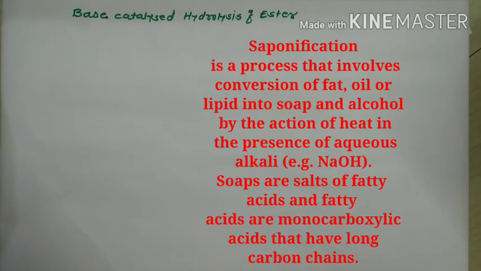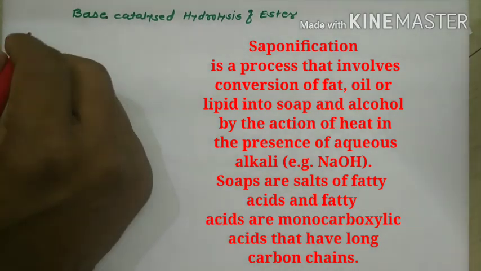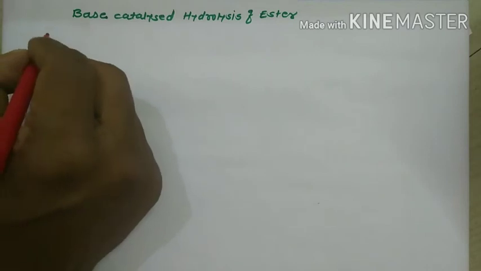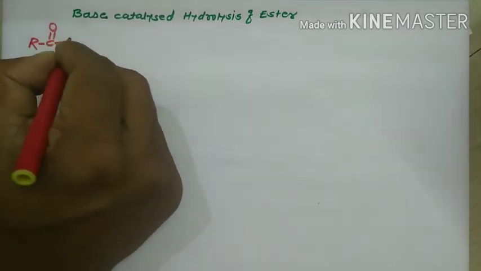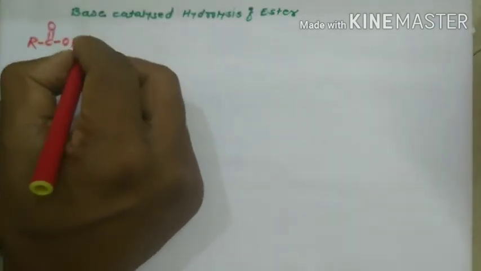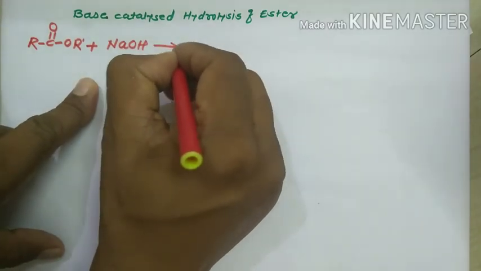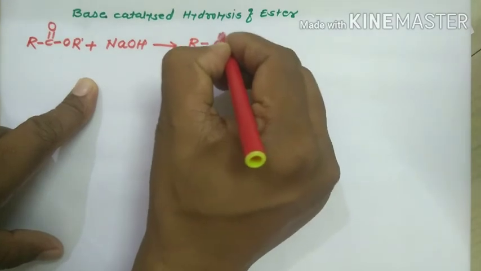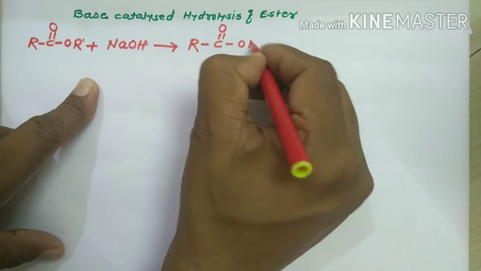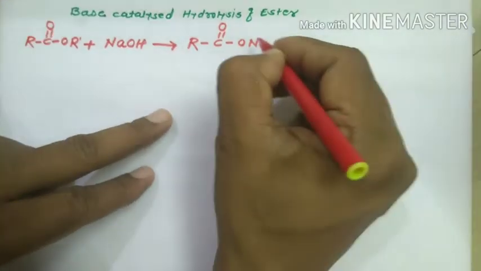In the base catalyzed hydrolysis of ester, the ester is reacted in the presence of alkali, that is NaOH, to form salt molecules with elimination of alcohol molecules. For example, the ester R-C double bond O-OR, as a general example, reacts in the presence of NaOH alkali to form R-C double bond O-O-Na, known as the acid salt.